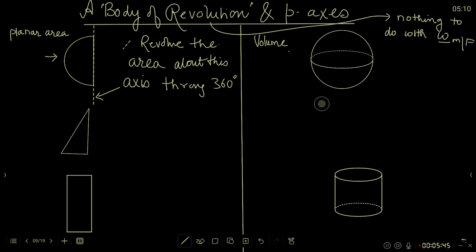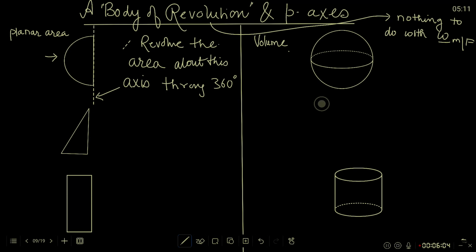In the geometric sense, of course. Physically if you take an area and you just revolve it, it will remain an area. I am not talking about that physical sense of revolution. I am talking about the process of revolution keeps creating more matter.